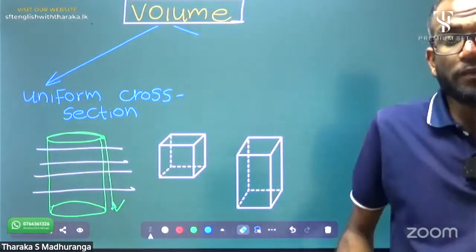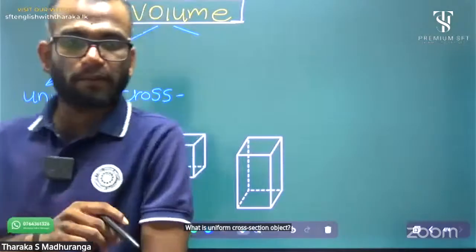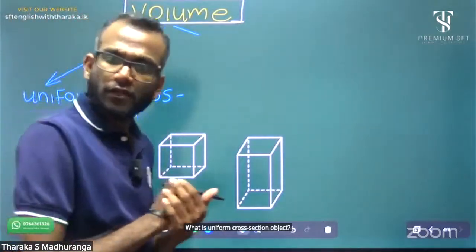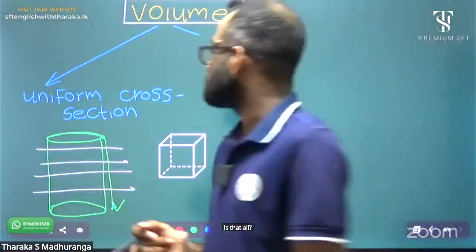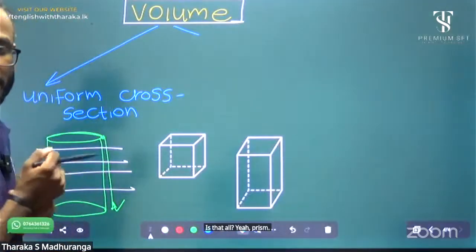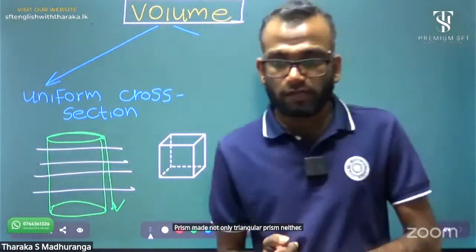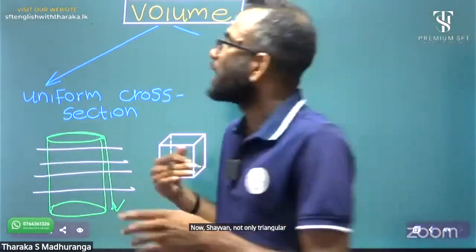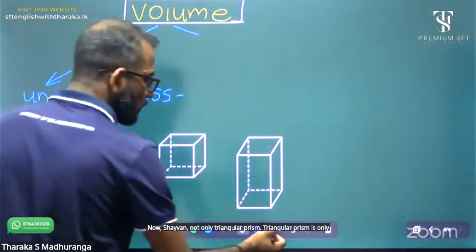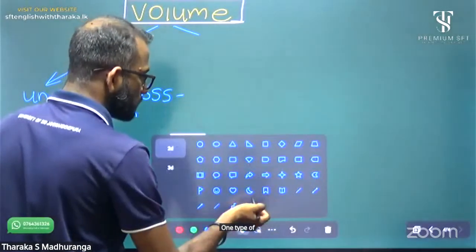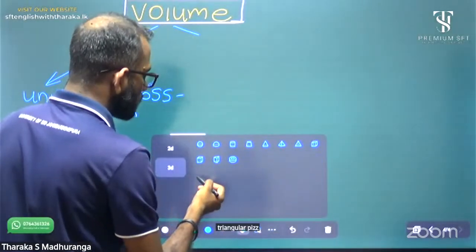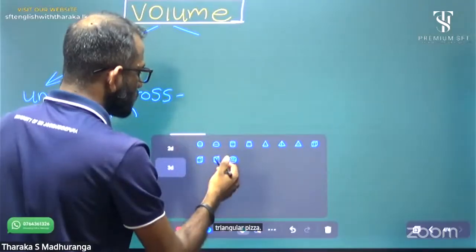What else? Uniform cross-section object. Is that all? Yeah, prism. Prism means not only triangular prism. Triangular prism is only one type of prism.